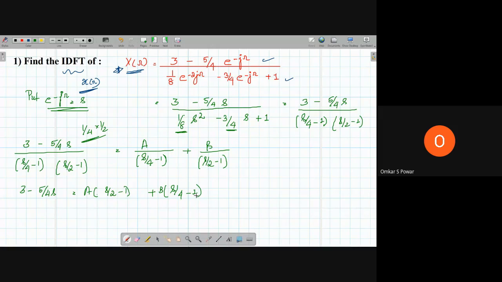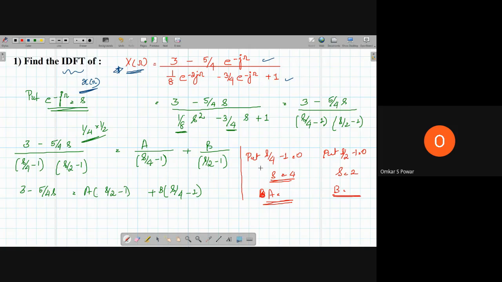Now we have to get the values of A and B. In order to get them, we put s by 4 minus 1 equal to 0, which means s is equal to 4, and we will get the value of A. To get the value of B, put s by 2 minus 1 equal to 0, so s is equal to 2.